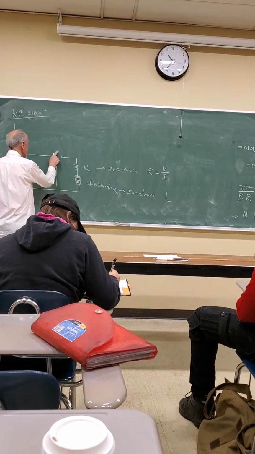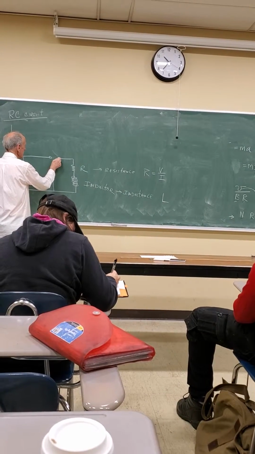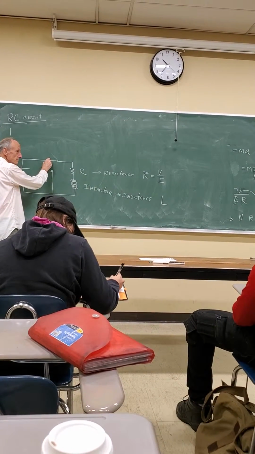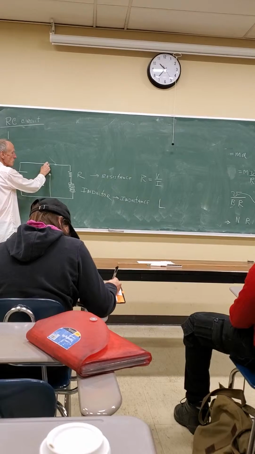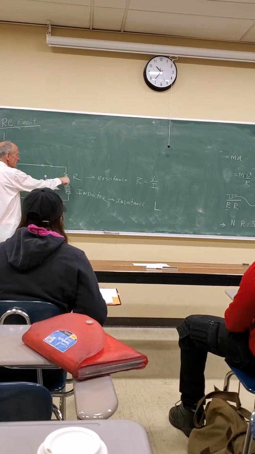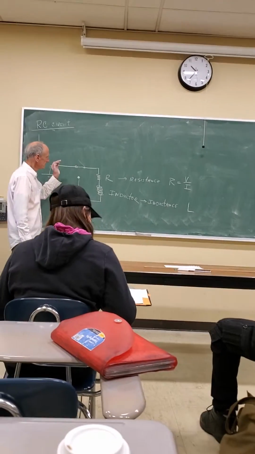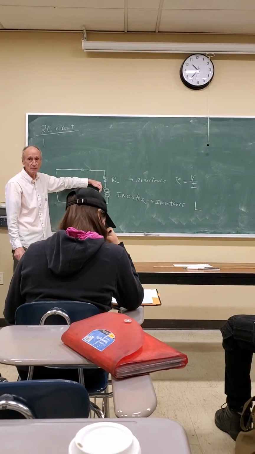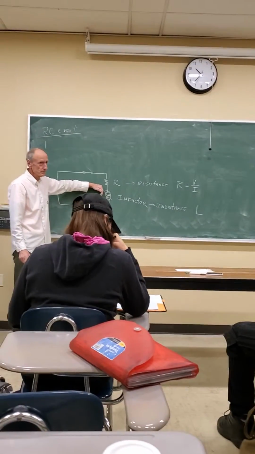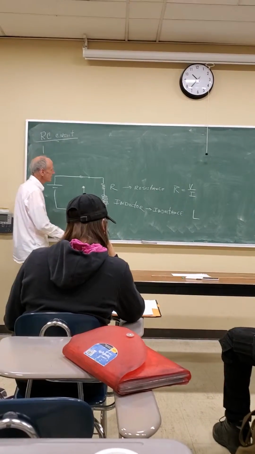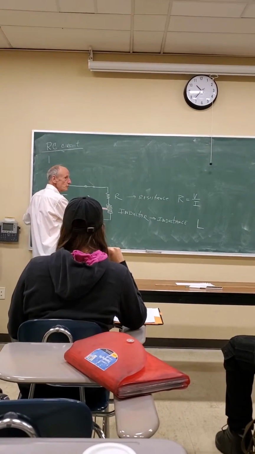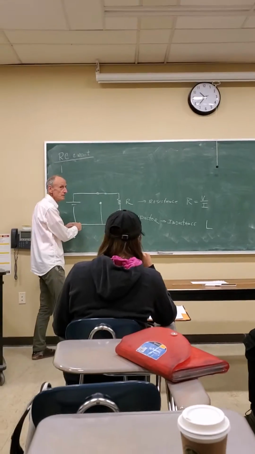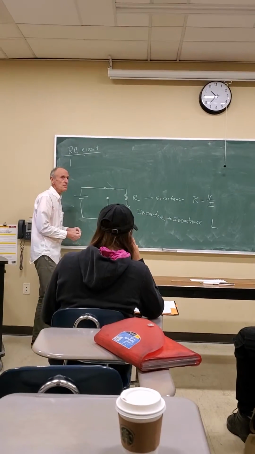Okay, so let's think through, from what we know. When I close this switch, the current starts to go through the circuit. It's got to go through the coil. As the current goes through, the coil becomes a magnet.